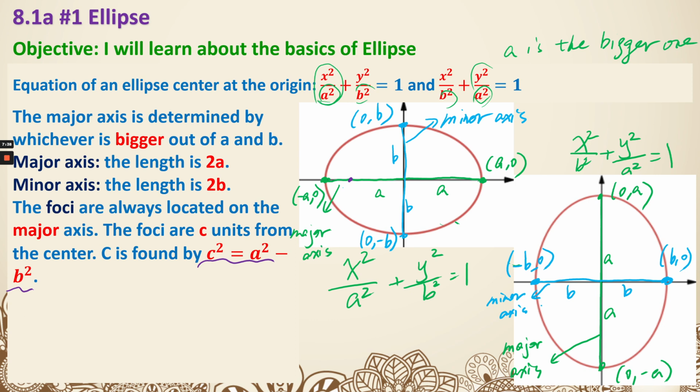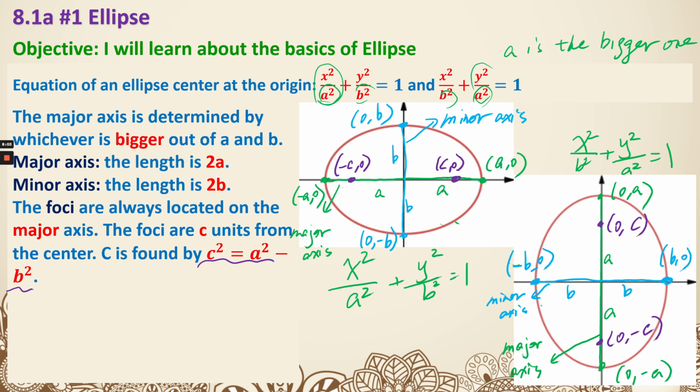So roughly our c could be here and another c here. They have to be symmetric. That is (negative c, 0), and that would be (c, 0). And same thing here, on the major axis, so our c might be here. That is (0, negative c), and this will be up top, so (0, c).